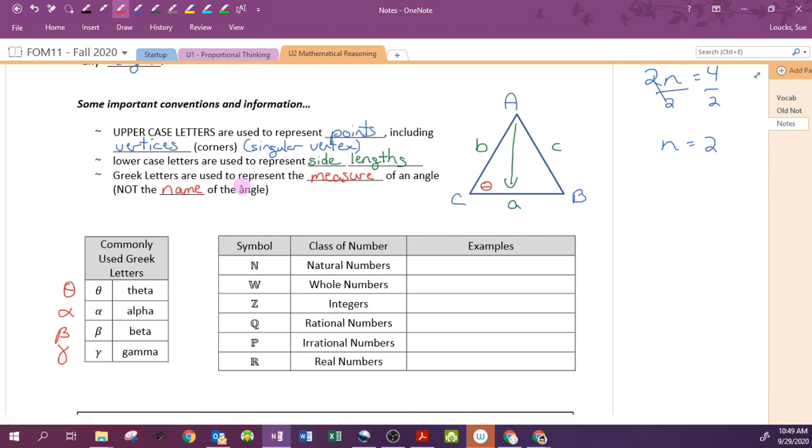In math, different fonts have different meanings. These are the letters that we use to symbolize these things. And usually you write it like that. R for real numbers is usually written like that, or like this with another line inside. Okay.